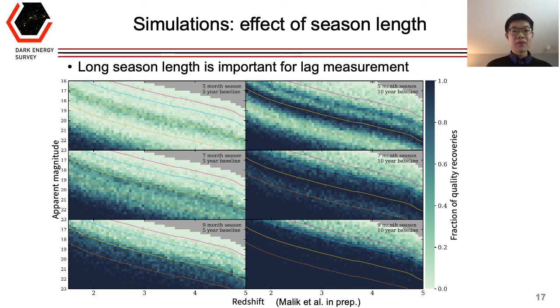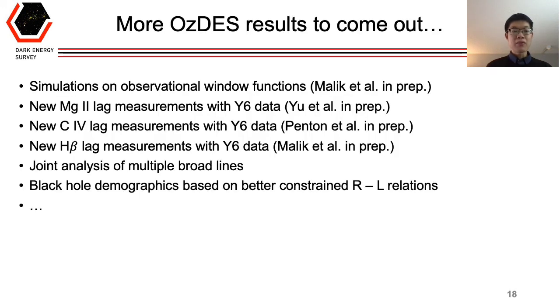As we go from top to bottom with longer and longer seasons, these stripe features become less clear. This indicates that for future reverberation mapping campaigns, we want the seasonal length to be as long as possible to overcome the aliasing effect. And there would be more OzDES results to come out in the near future.